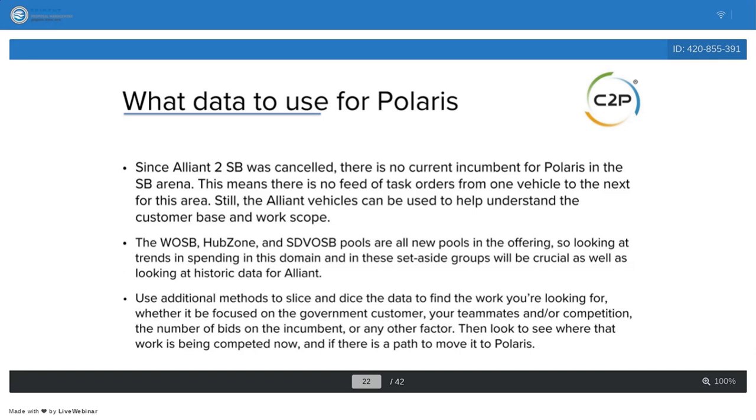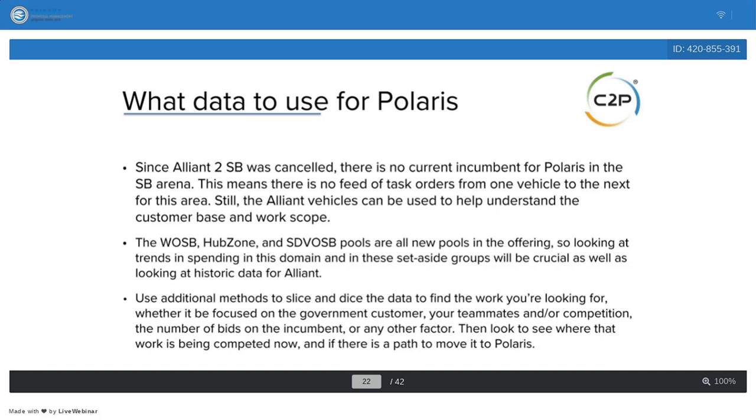But we're using the Alliant vehicle and even the Alliant small business original vehicle and the Alliant Full and Open original vehicle to kind of understand the customer base and work scope. We did this in more detail in the last one.